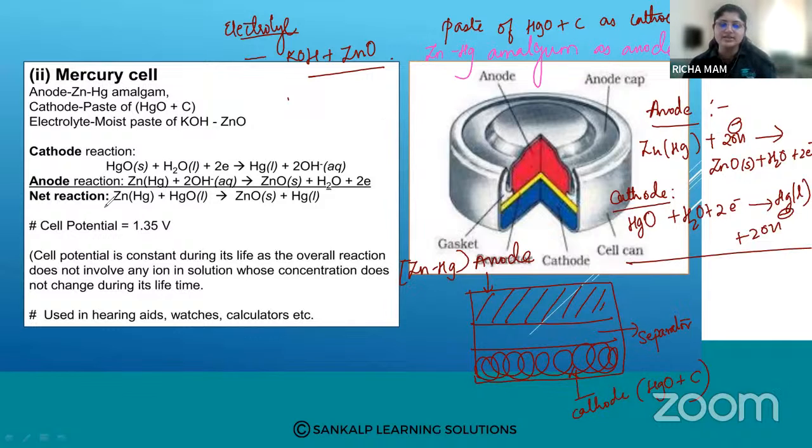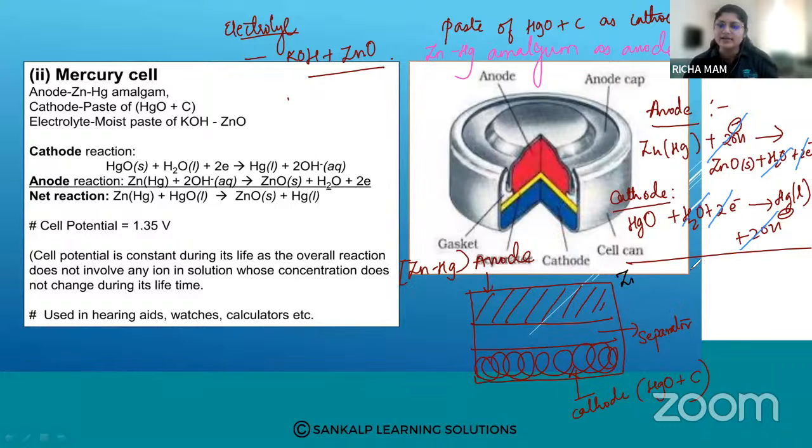Now what will cancel? When you write the overall cell reaction, the 2OH minus, 2 electrons and water cancel.